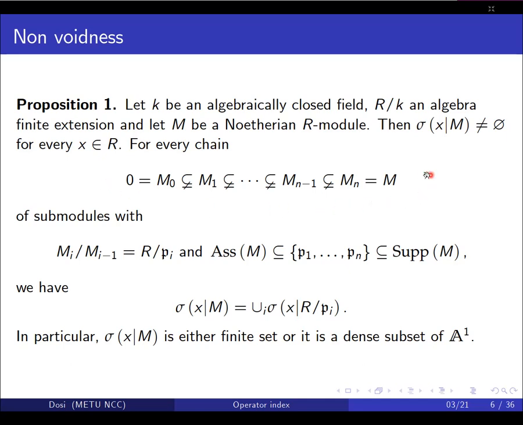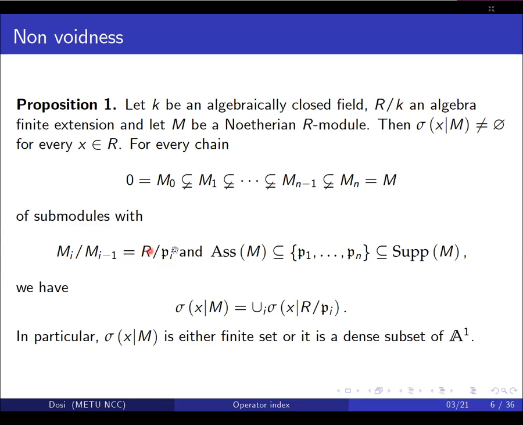For example, this expansion is a known chain in commutative algebra: a Noetherian module has this sort of chain of submodules whose gaps are R over some primes Pi. Pi is a prime ideal.